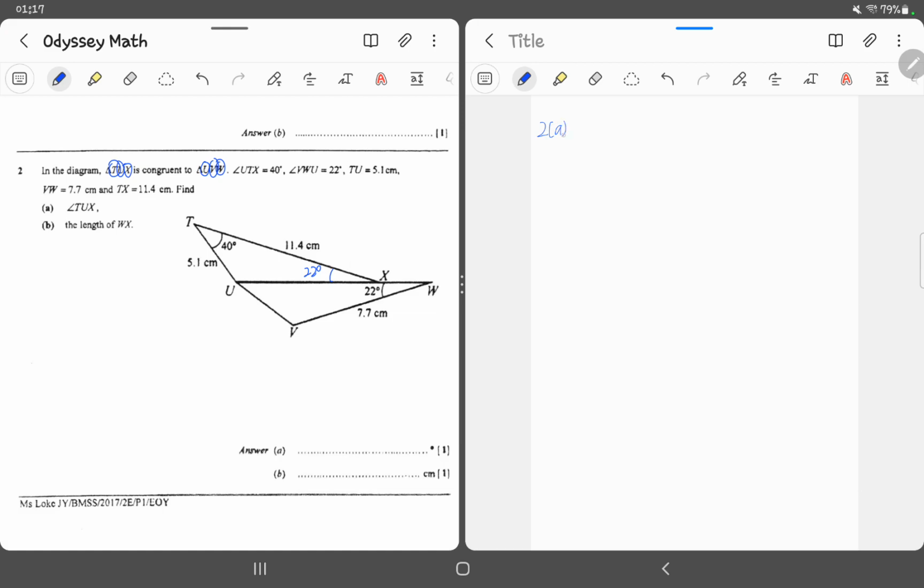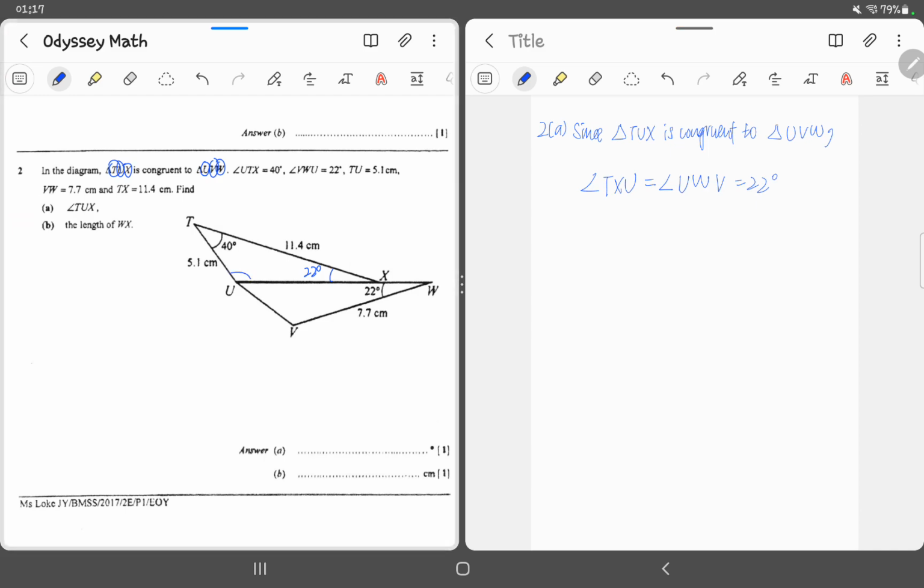So based on the working, since triangle TUX is congruent to triangle UVW, angle TXU equals angle UWV, which is equal to 22 degrees.